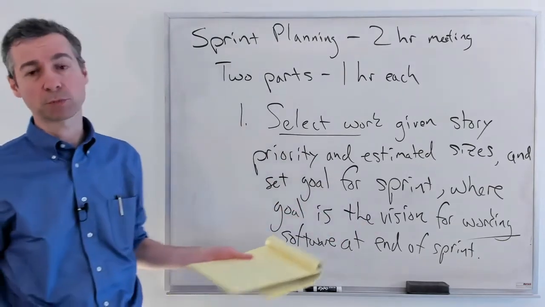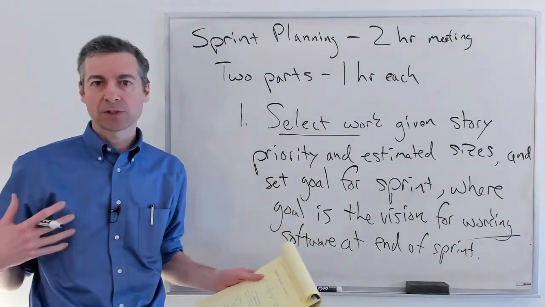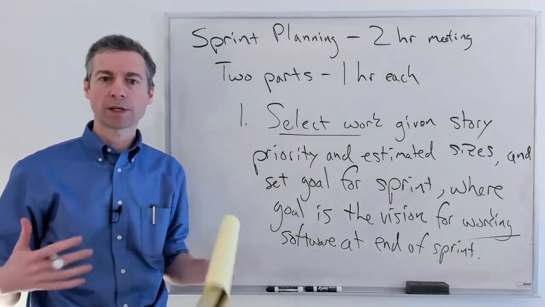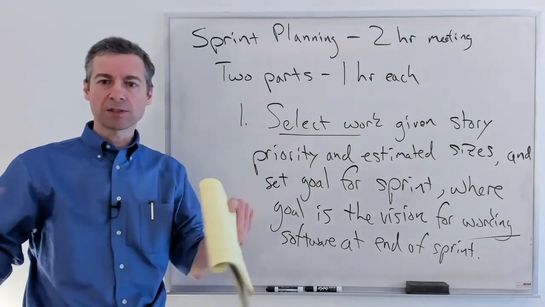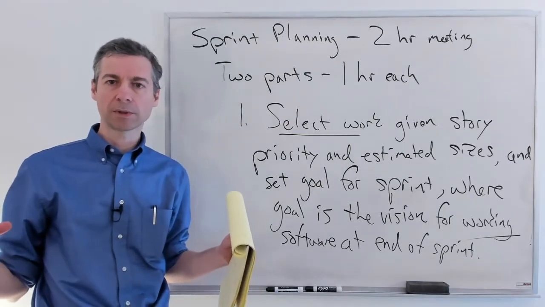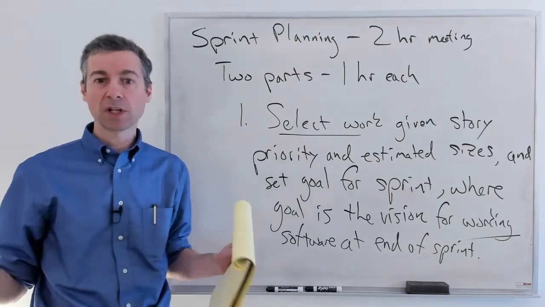For example, in Sprint 1, you don't have any working software yet. Personally, I think a really good goal for Sprint 1 is this notion of the walking skeleton. These are the basics, how the bare minimum of the application is going to fit together, and there's some functionality there.